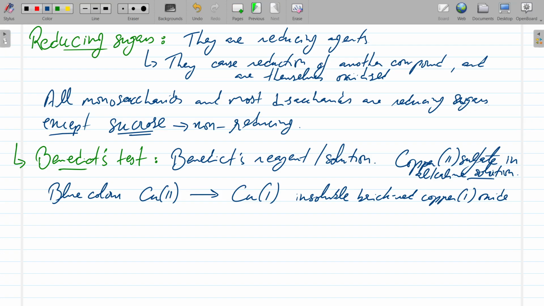So that is where you know that the sample that you used was a reducing sugar. Now you won't be able to identify which sugar it was specifically, so this is more of a qualitative test.